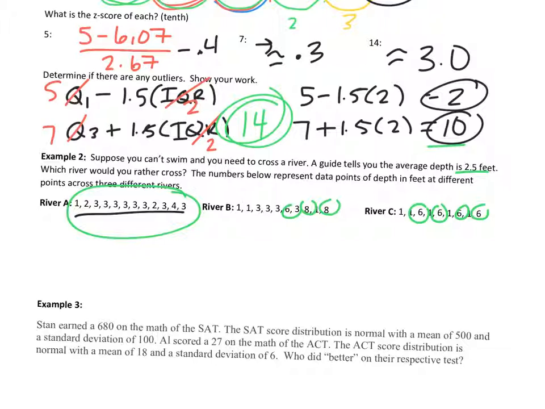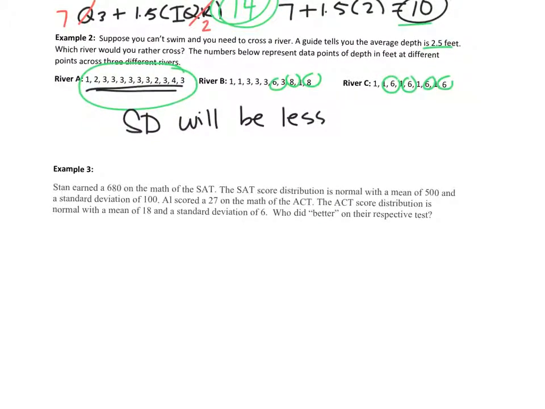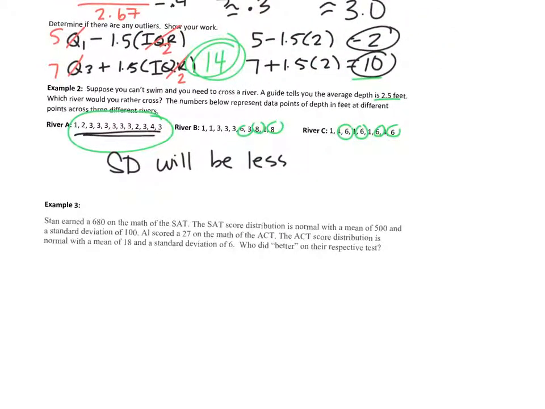The standard deviation will be less because the numbers are not as spread out. There's less variance in the numbers. You can actually calculate the standard deviation for each of those 3 rivers and see which one is less, and I can see off the bat that river A is going to have the least standard deviation.